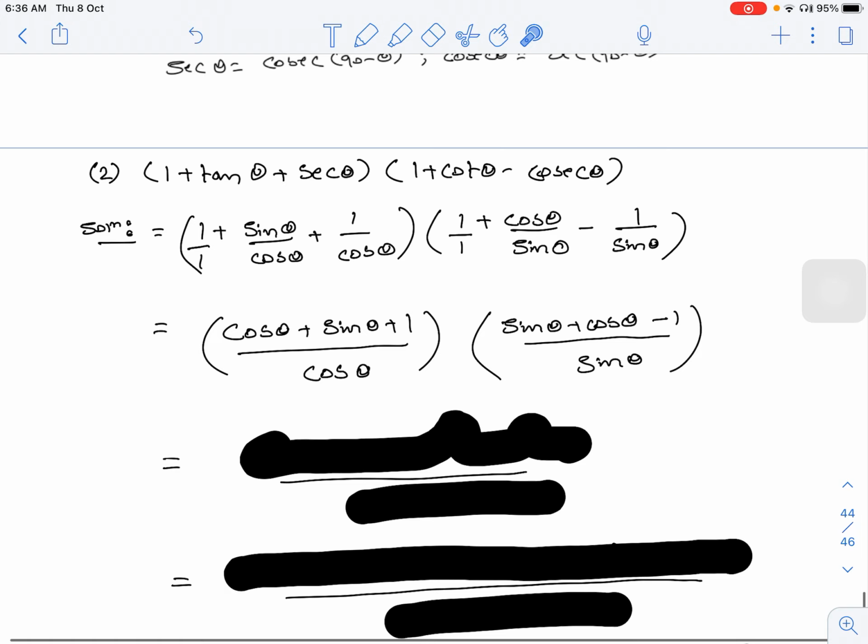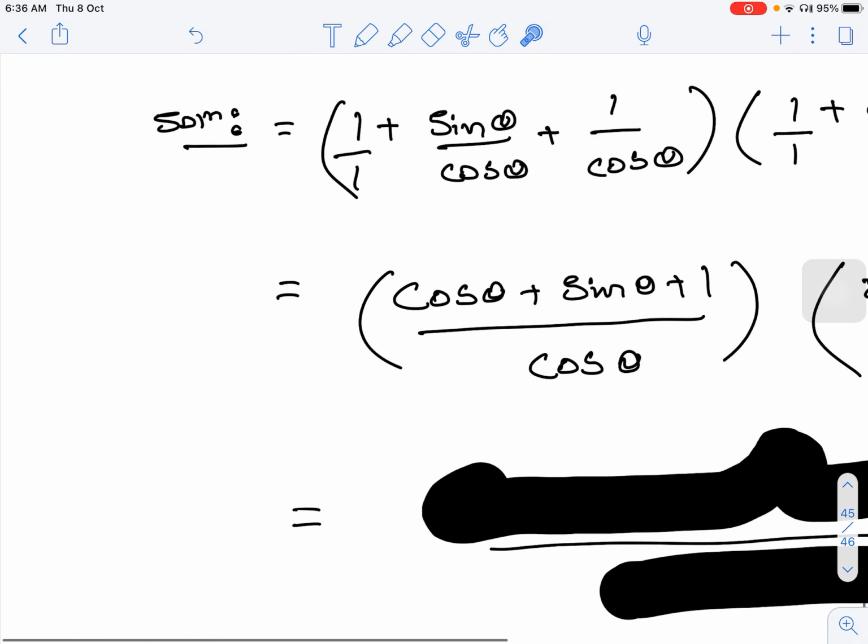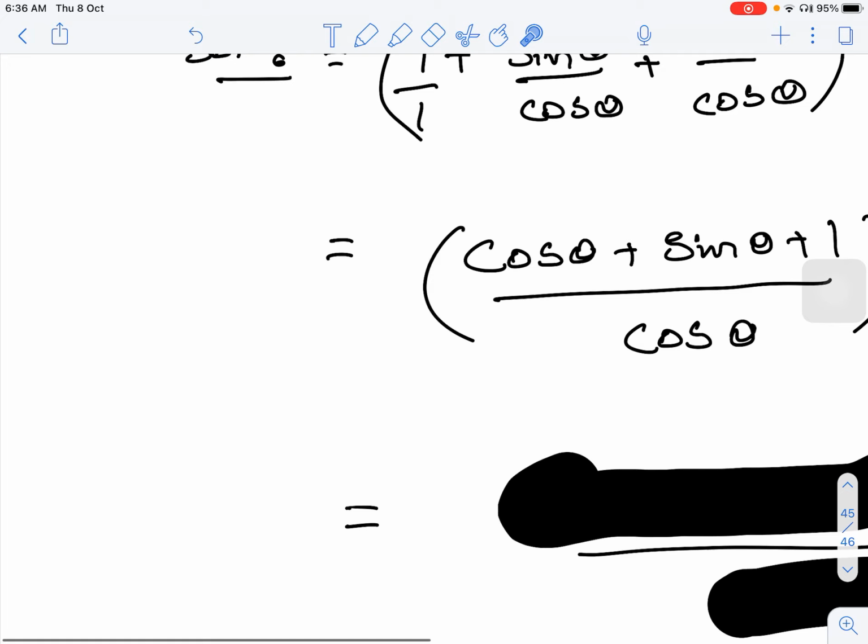Now if you look at these terms, this cos theta plus sine theta and sine theta plus cos theta, they both are the same. If you change the place, it doesn't matter. Now suppose you write here this cos theta plus sine theta plus 1.